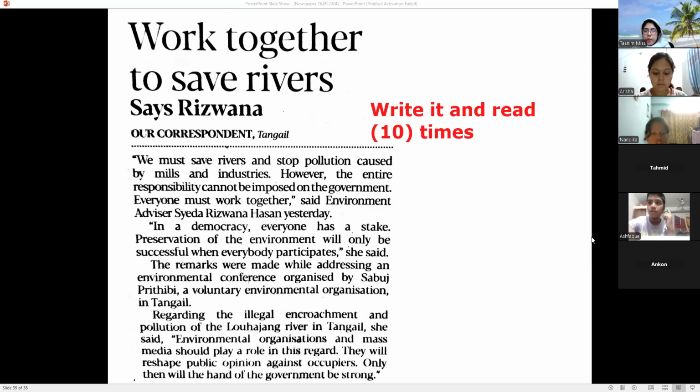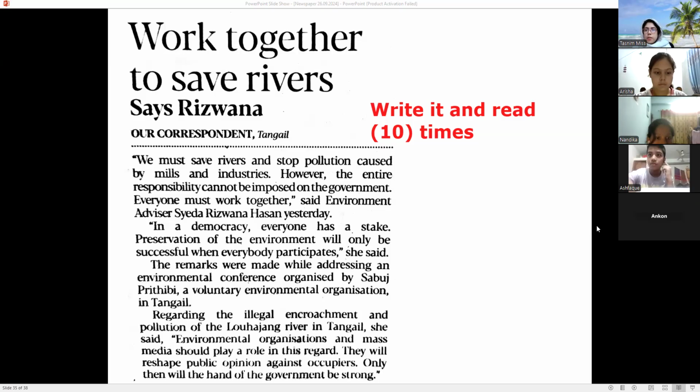Work together to save rivers, says Rizwana, our correspondent, Tangail. We must save rivers and stop pollution caused by mills and industries. However, the entire responsibility cannot be imposed on the government. Everyone must work together, said Environment Advisor Syeda Rizwana Hassan yesterday. In a democracy, everyone has a stake. Preservation of the environment will only be successful when everybody participates, she said.